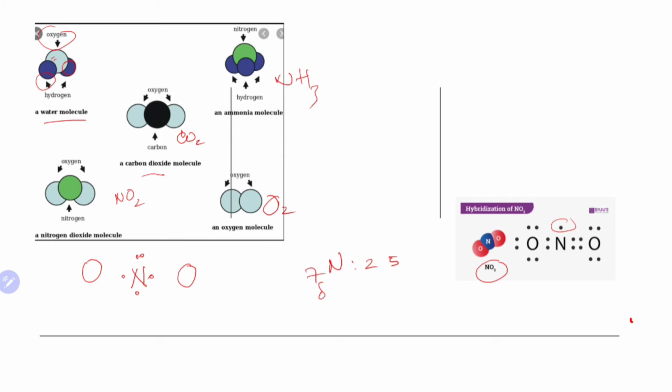Oxygen is number 8, configuration is 2 and 6, so for oxygen you have 6. I just draw the electrons without shell. Here 6 electrons, like this.